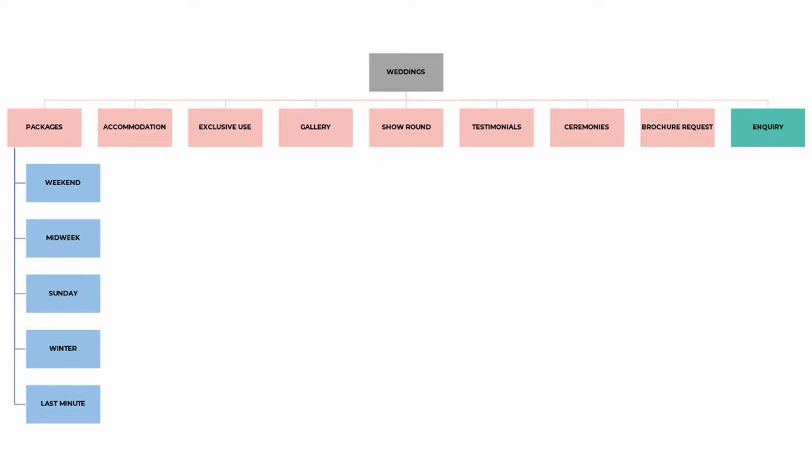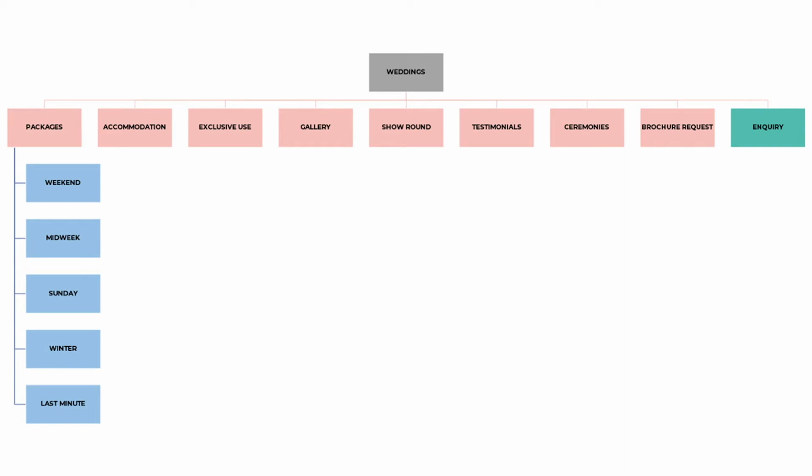Typically a wedding will be sold at the weekend. That's the highest value wedding that you can get. But does your venue also accommodate other days? It's a good way to sell midweek and Sunday weddings, so you sell weddings in the short term and weekends in the longer term.